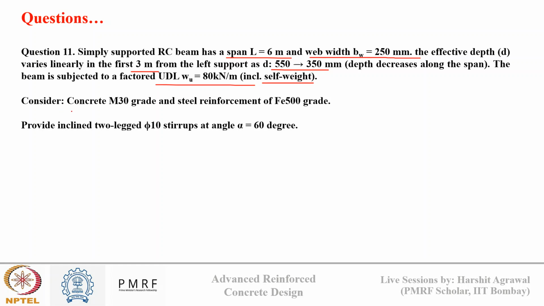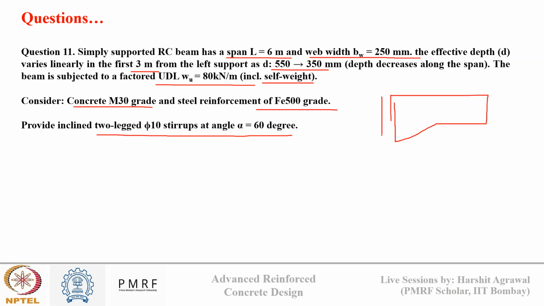We need to consider M30 grade concrete and M500 grade steel reinforcement, and you need to provide two-leg 10 mm stirrups at an inclination of 60 degrees. So the beam is like this: here d is 550, reducing to 350, and after that it is constant at 350. The total length is 6 meter and this length is 3 meter.